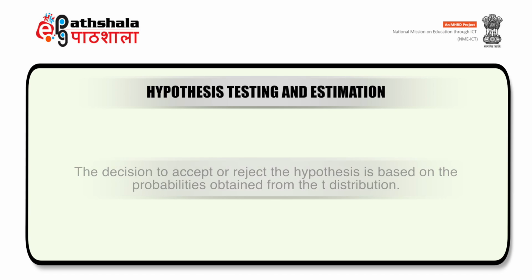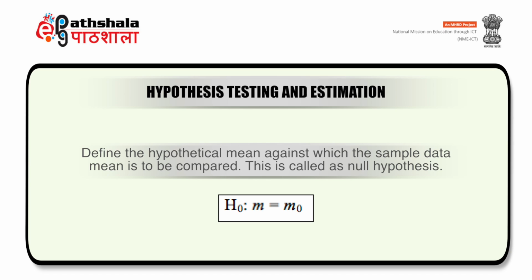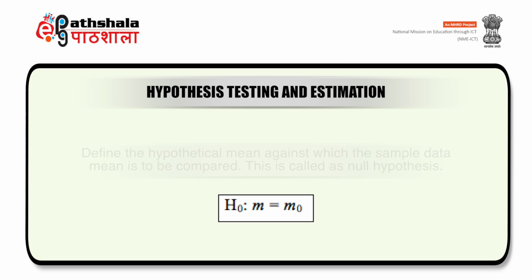As discussed earlier, the following steps can be followed in a hypothesis testing procedure involving a comparison of sample mean and hypothesized mean. Step 1. Define the hypothetical mean against which the sample data mean is to be compared. As you can see on your screen, this is called the null hypothesis. Step 2.